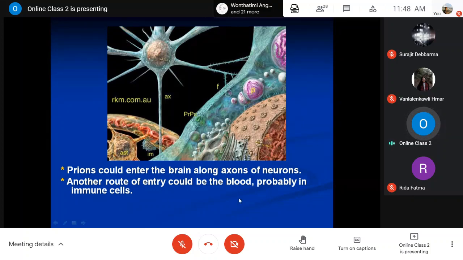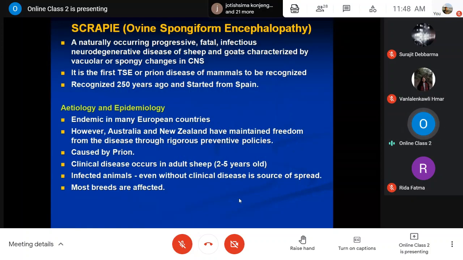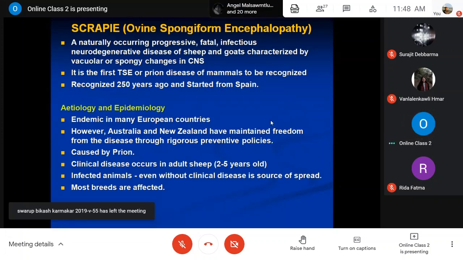These infectious protein particles can enter the body and affect the central nervous system, under the same transmissible spongiform encephalopathy caused by prions.